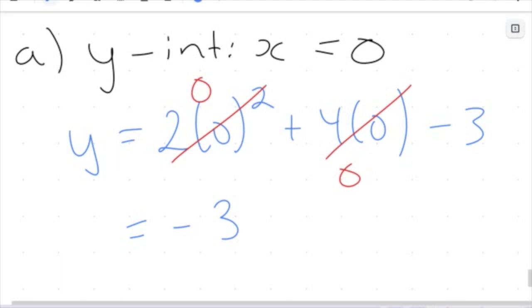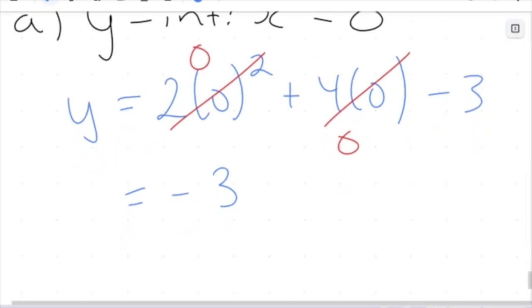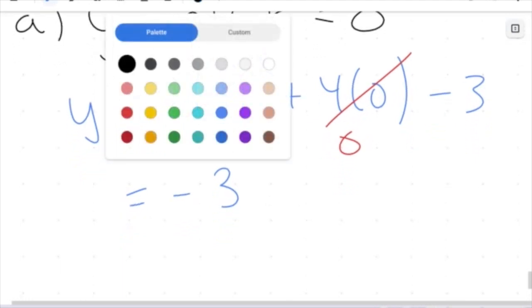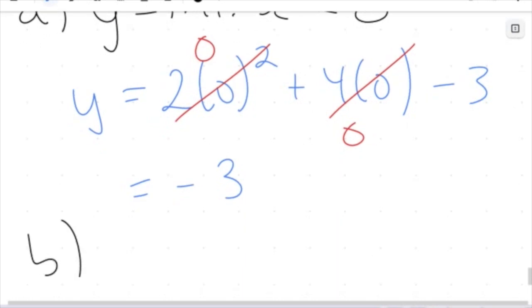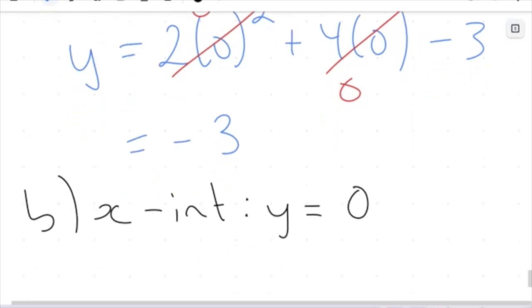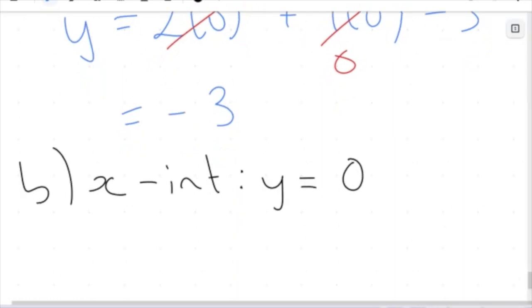Okay, now we want to find my x-intercepts. And these happen when y equals 0. Now we can use the discriminant just to figure out whether I'm going to have any intercepts to begin with.